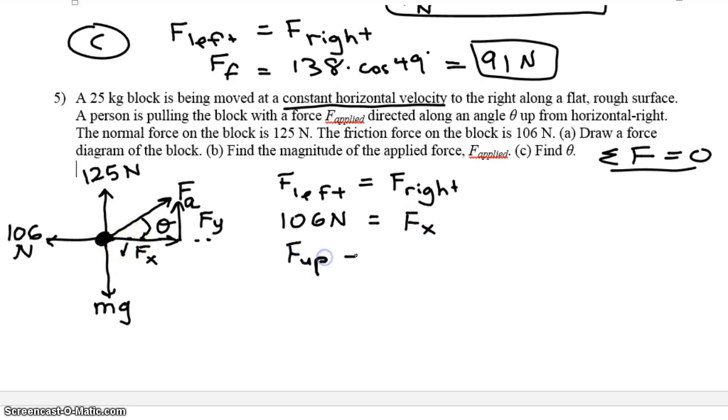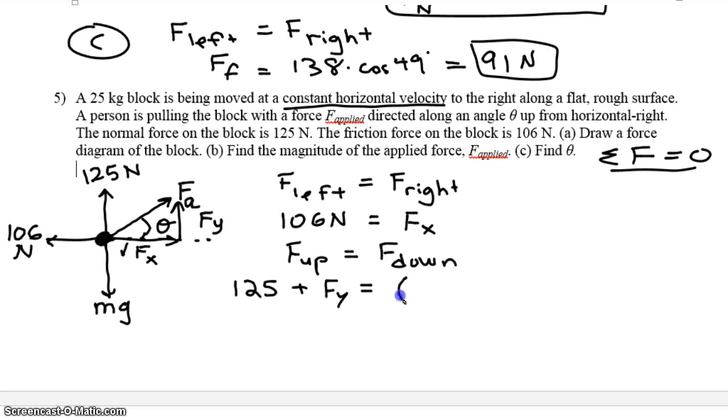We'll find it using the equilibrium condition in the y direction, which tells us there's balancing of the forces on the y-axis. The up forces are equal to the down forces. So what goes into the up forces? Well, there's the 125 newtons, and then there's the y component of the applied force. The down forces are just mg.